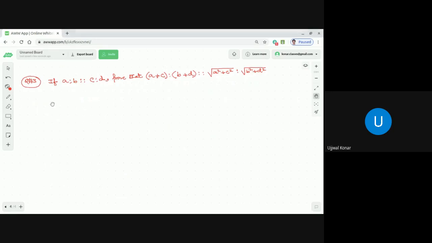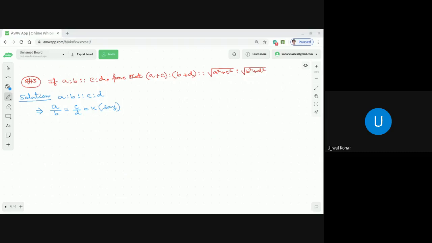So, how to prove it: as it is given that A is to B is equal to C is to D, this implies A by B is equal to C by D. And let's assume this is equal to K, where K is a real constant.